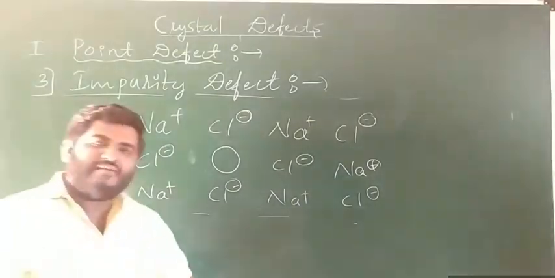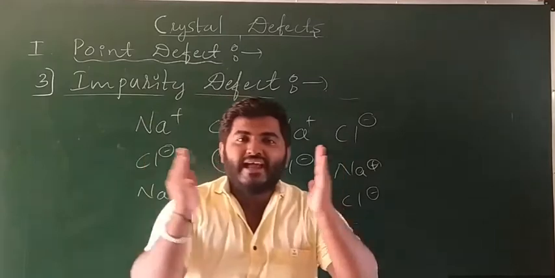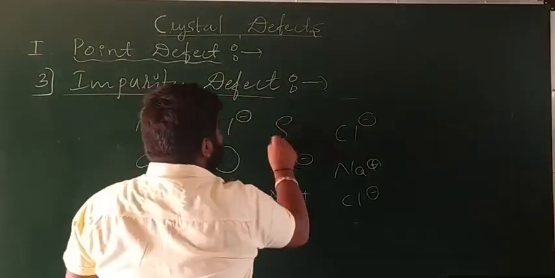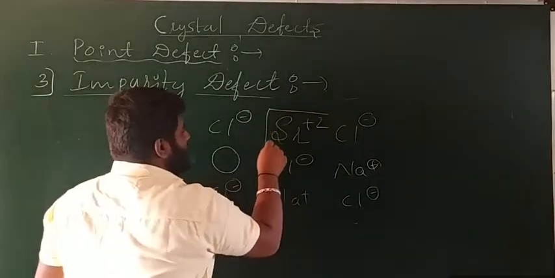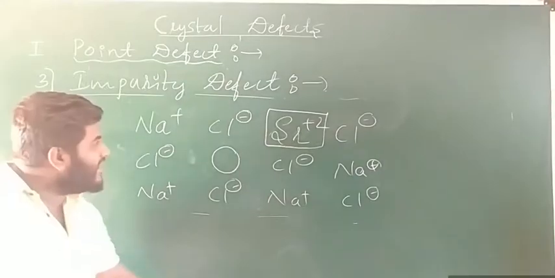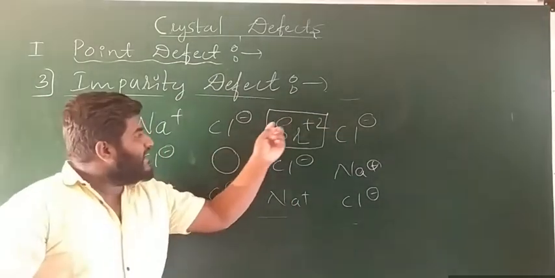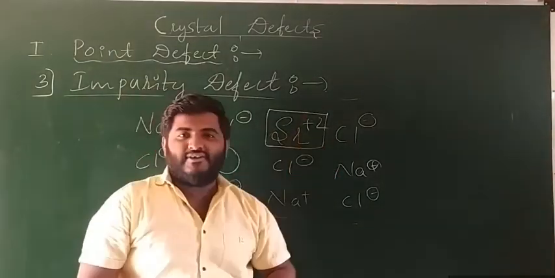If one Na+ is missing, it means a plus one charge is missing now. To maintain the charge, another Na+ is replaced by Sr2+. See here, I will just show by a square: Sr+2. Here one Na is missing, here one Na is missing. The plus 2 charge is maintained by Sr+2.